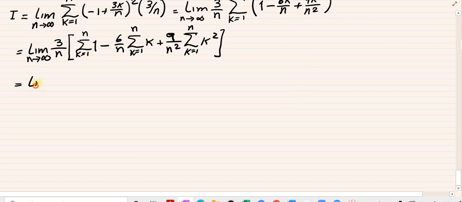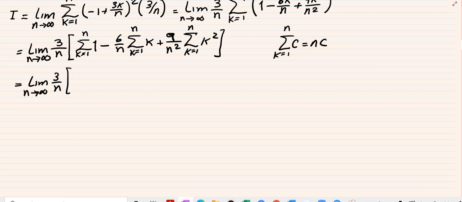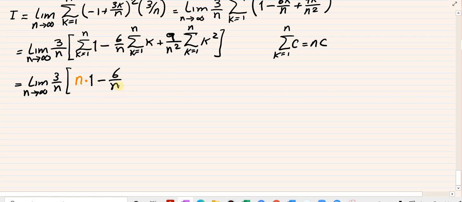So this will equal the limit as n goes to infinity of 3 over n. And remember the properties of summation. The sum from k goes from 1 to n of a constant is n times the constant. So that means my first is n times 1. Negative 6 over n. Now sigma of k, the formula we had for this one from 1 to n was n times n plus 1 over 2. So I'm just going to write this times n plus 1 over 2.